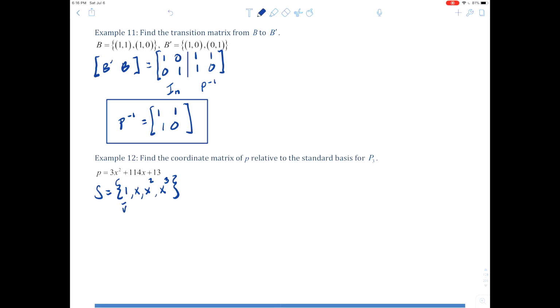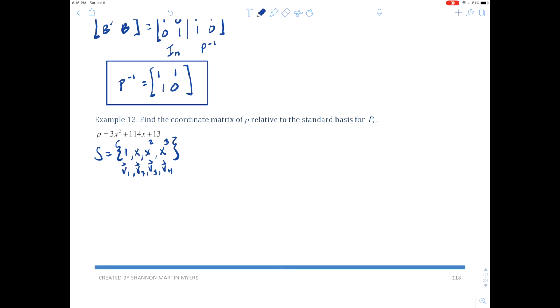So if I call these V1, V2, V3, and V4, what do I have to do? Because what do I want to find? Well, I want to find all the Cis, right? So c1v1 plus c2v2 plus c3v3 plus c4v4 would equal our vector p, right?